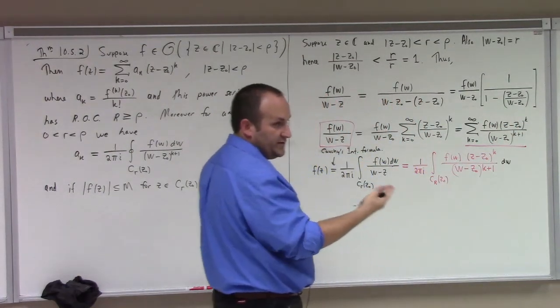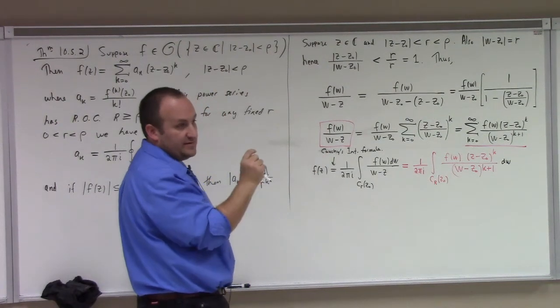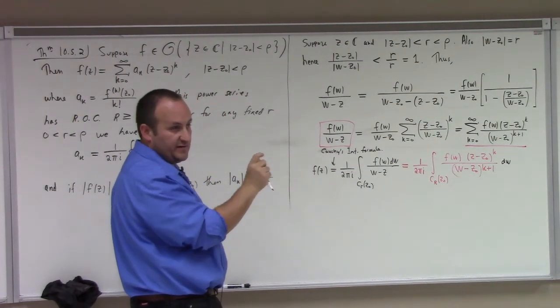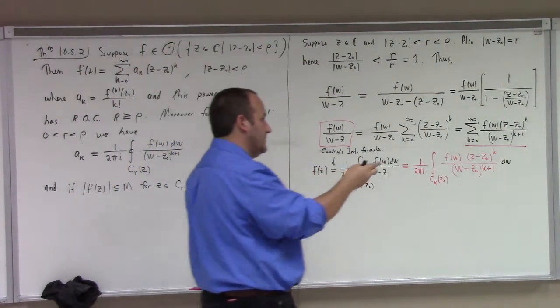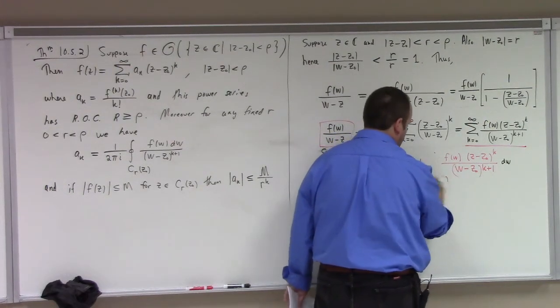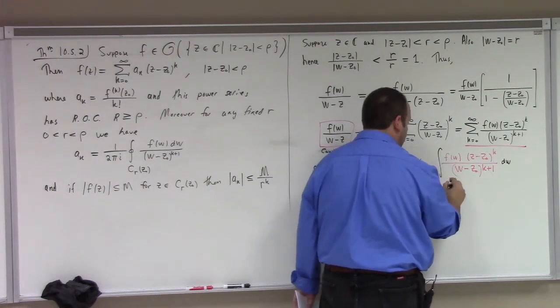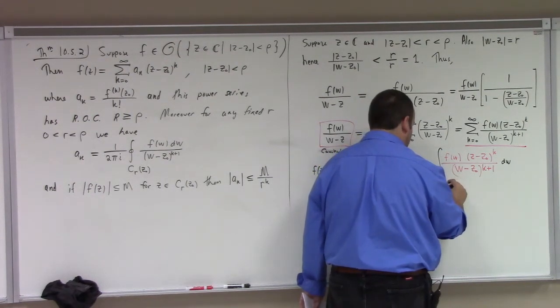They have uniform convergence. They're holomorphic. So I can exchange the order of integration and summation by our integration summation exchange theorem. I've met the conditions needed to pull the sum out here.